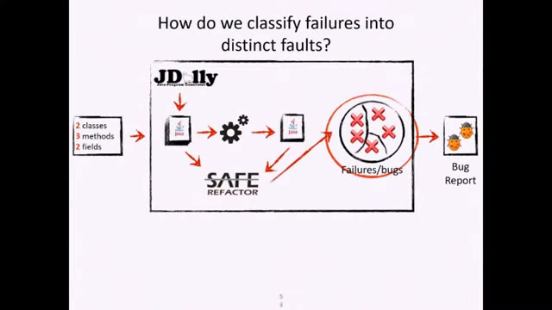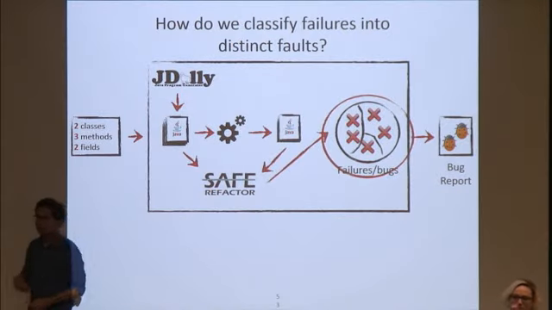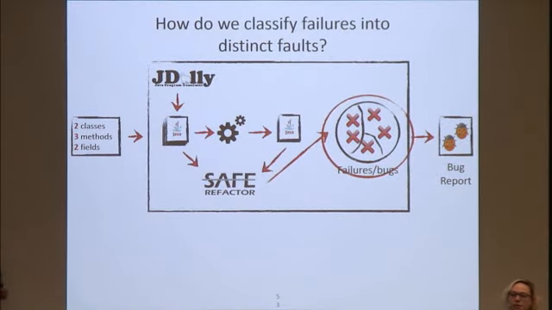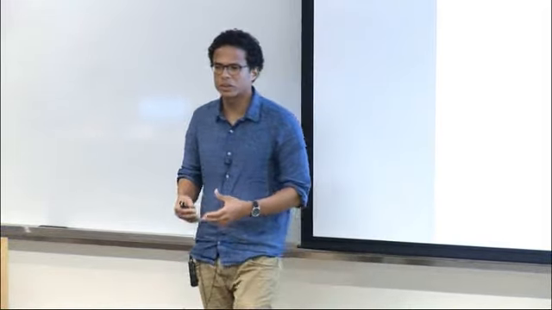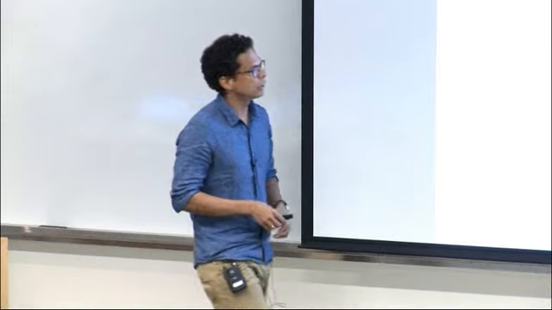So at the end, we classify all these failures into distinct bugs. The compilation errors are classified using the error message of the compiler, and for the behavior changes, we have some characteristics of the change that we use to classify them, but I will not describe it in detail here.